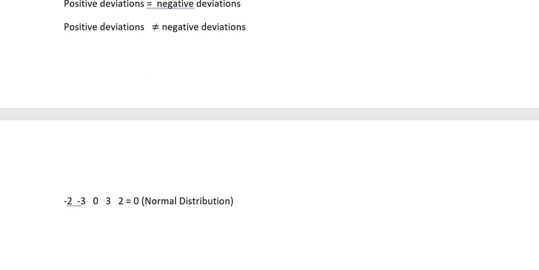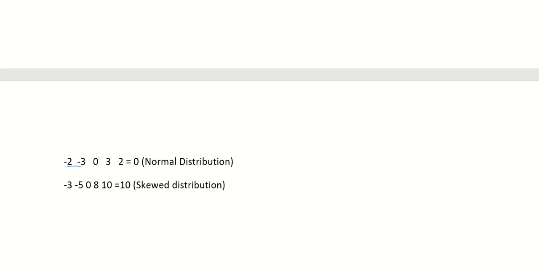But in case of abnormal distribution, or you can say skewed distribution, deviation is basically this x minus mean. So x minus mean could be like -3, -5, 0, 8, and 10. So you would get some other figure. Answer would not be 0. So here it can be -8 and then 10. 10 would be the answer. So this is called skewed distribution.